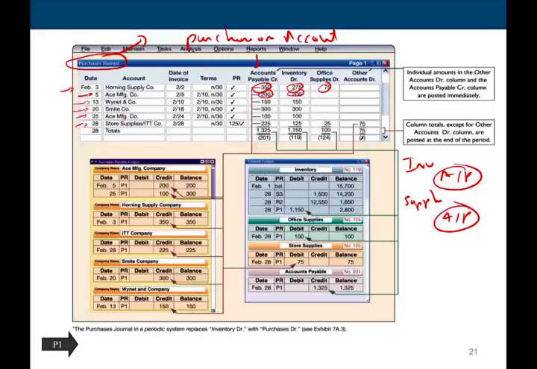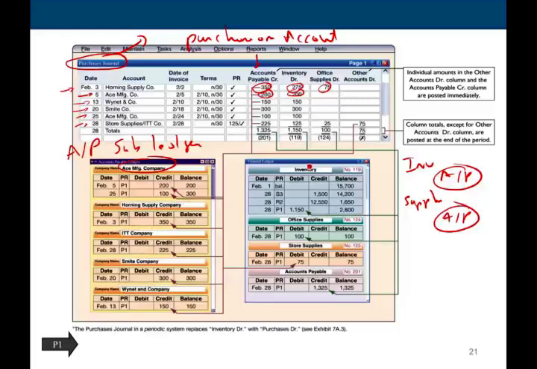Now, just like the accounts receivable, all our suppliers will have an accounts payable subledger. So all our suppliers, Ace, Horning, ITT Company, Smith Company, this company as well, all of them will have a subledger, and we'll keep track of each of their accounts separately.